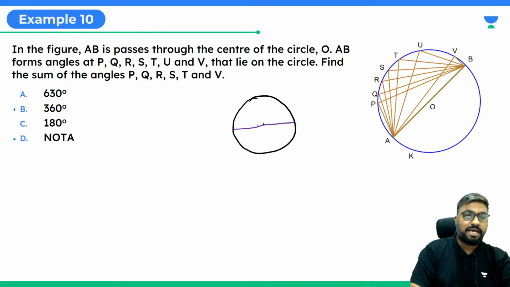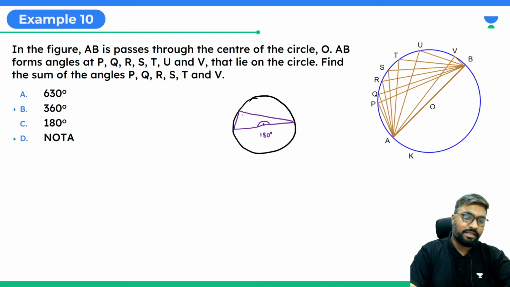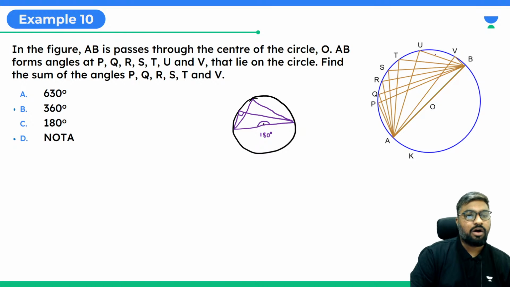So if AB is the diameter, the angle that this arc subtends here is 180 degrees. If this is 180, then can I say all the angles that it forms will be 90 degrees? This will be 90 degrees. This will be 90 degrees. So angles P, Q, R, S, T, U, V are all what? 90 degrees, correct?